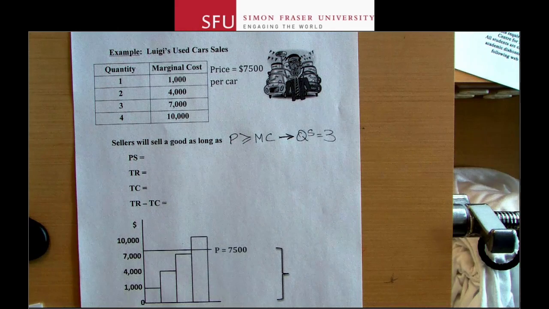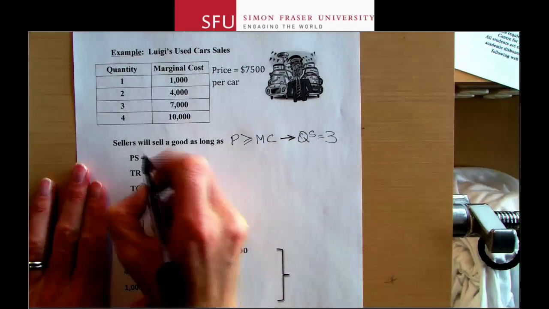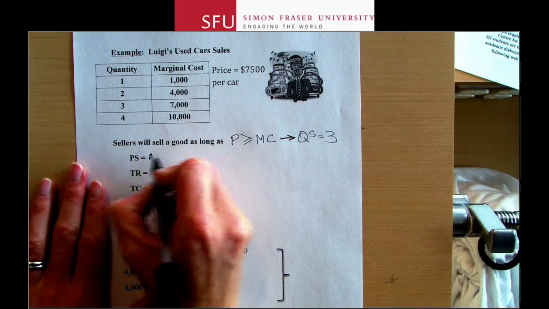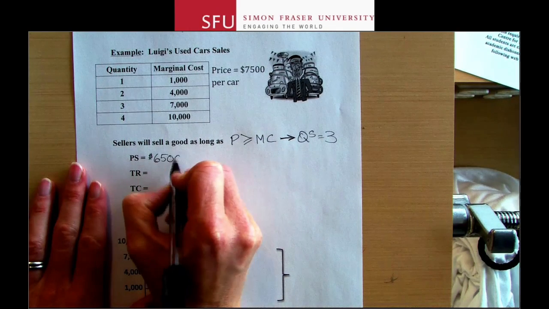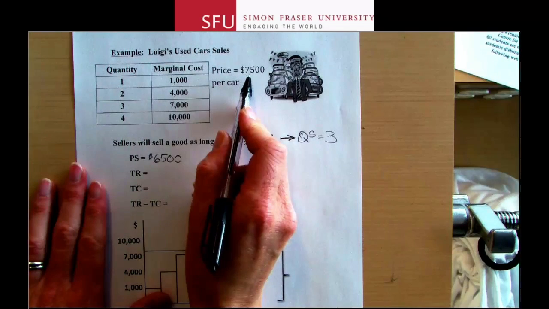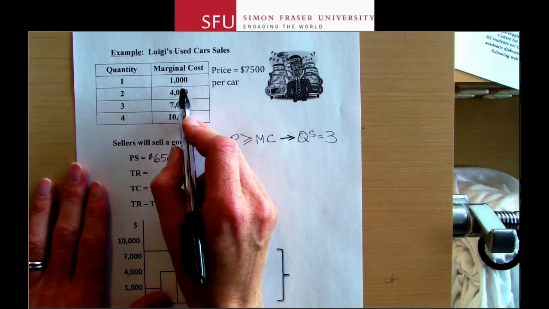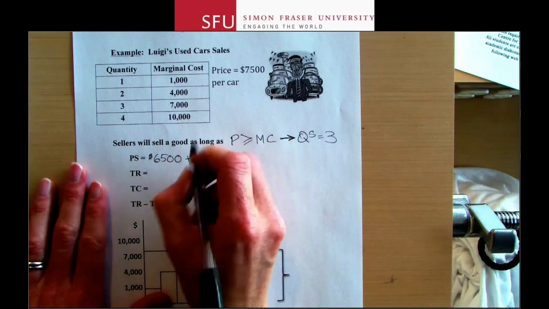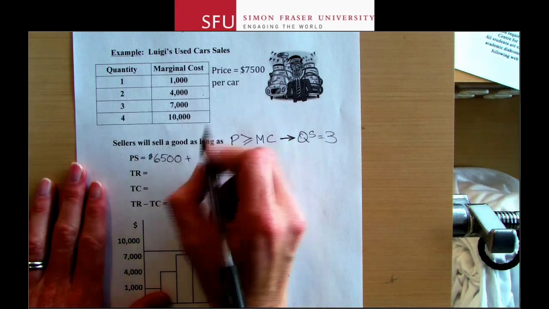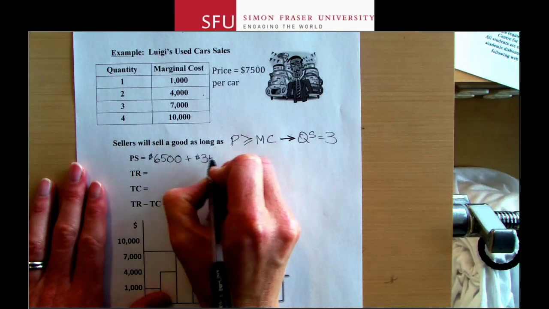And the producer surplus was, for the first car, $6,500, right? $7,500 that they get paid minus their cost. For the second car, $3,500.